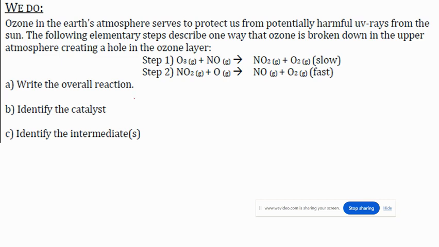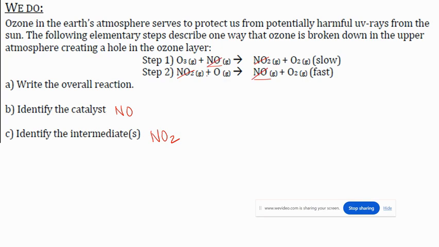So we want to identify our catalysts and our intermediates. So first of all, let's try to find our catalyst here. So I've got a catalyst in NO. So that is my catalyst. And then I've got one intermediate. I have this guy as an intermediate. So I'm going to get rid of my catalysts.